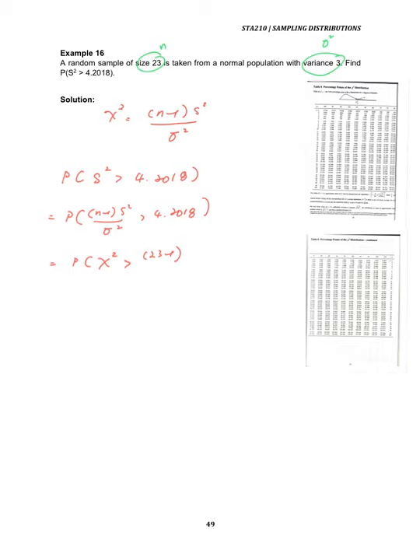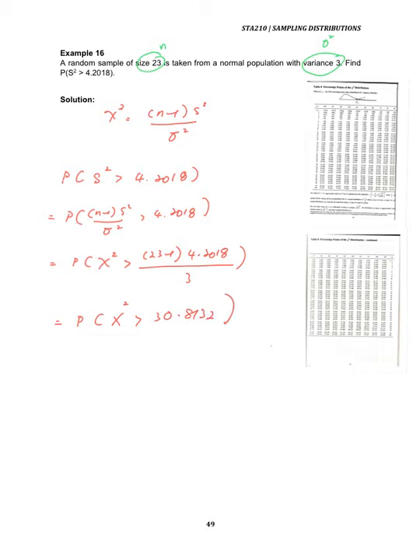This one is s square, sample punya variance, times 4.2018, divided by the population variance tadi, you are given the value of 3. Okay, so solve by using your calculator. We will get the value of chi-square equals 30.8132.